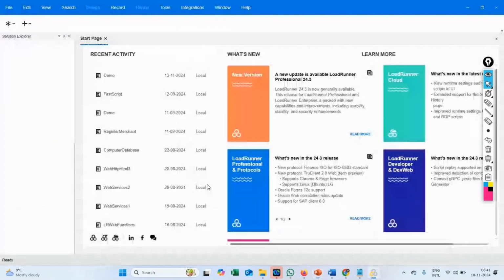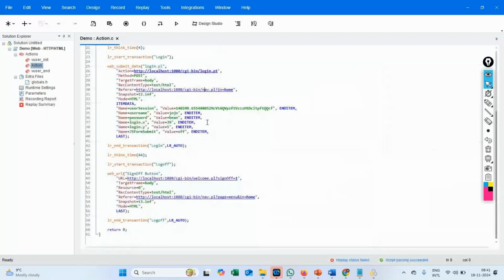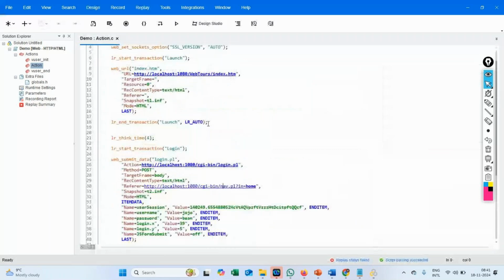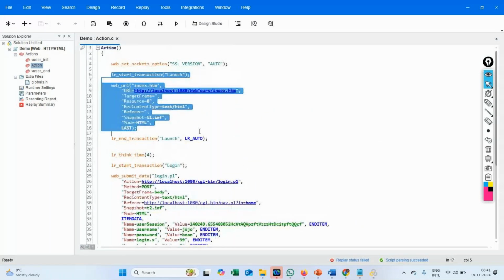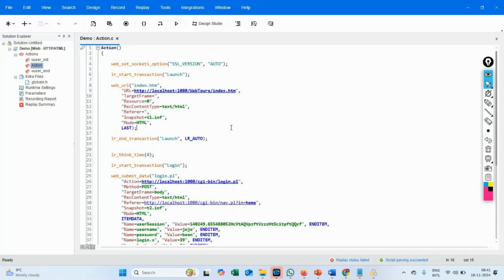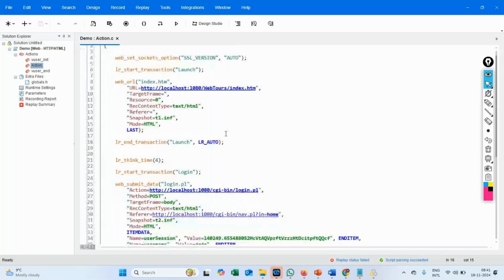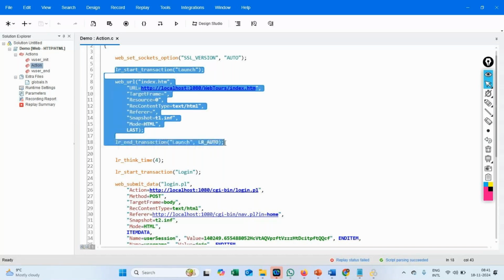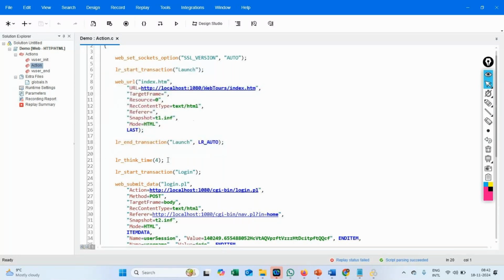In our script also, I'll open the same demo script which we discussed earlier. If you see here, this is the launch transaction. Whoever attended the initial demo session will have some idea, but otherwise don't worry, because we haven't started practicals. We will go through all these once again. In the demo, after the launch transaction we have think time.